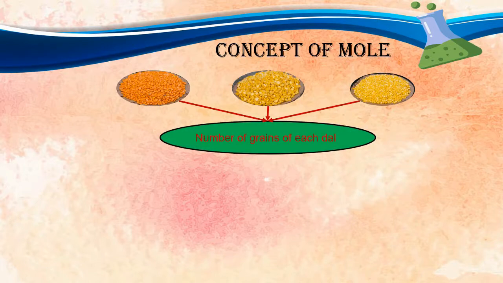Is the number the same in each portion or is it different? You will find that the number of grains of dal in each weighed portion is different because the weight and the size of the grain of each of the dal is different.